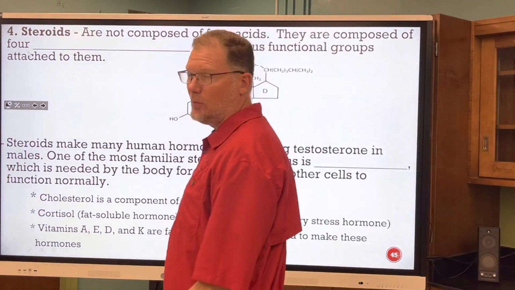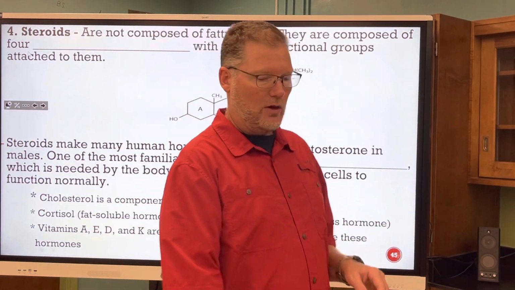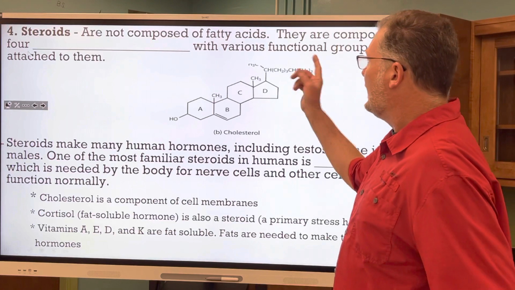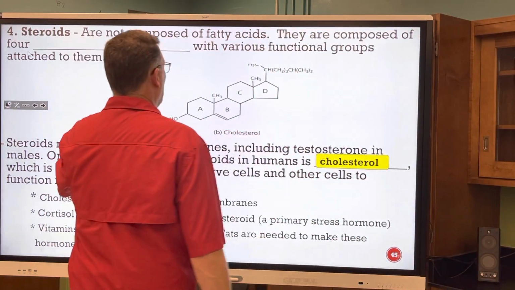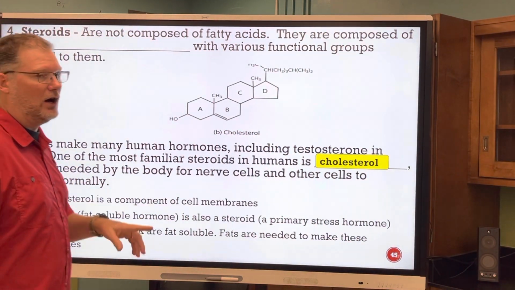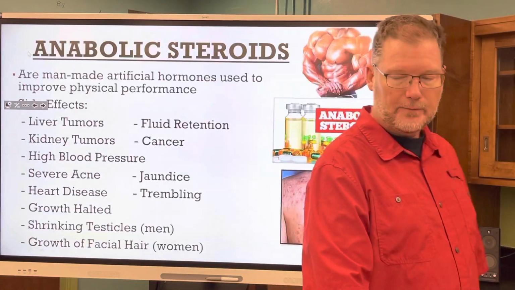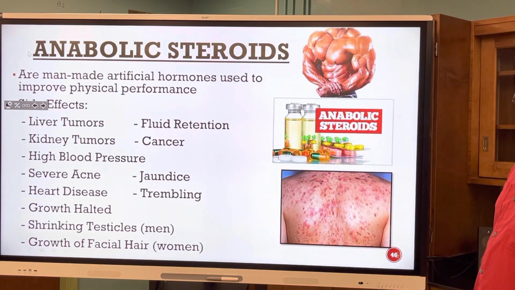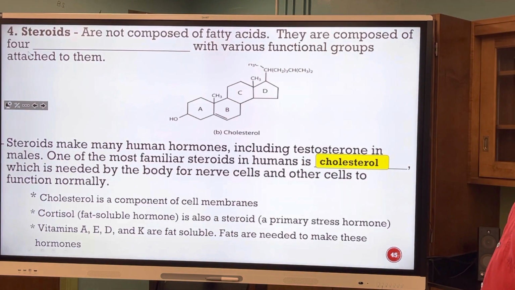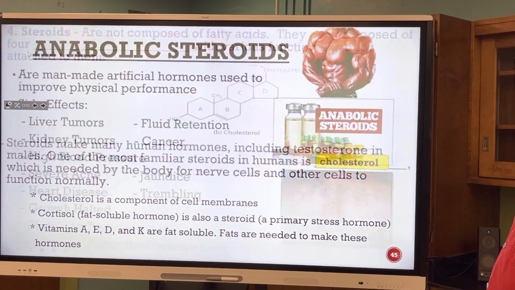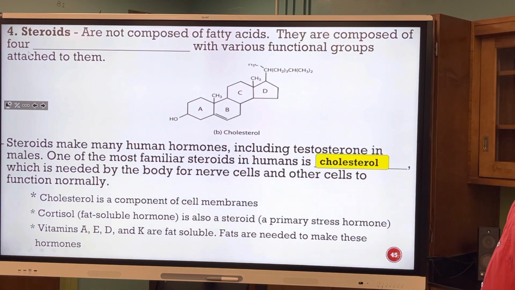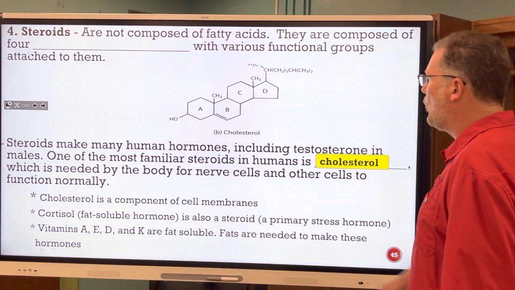Steroids. Number 4, this is the 4th one, okay? So steroids are not composed of fatty acids, but they are composed of 4 ring molecules with various functional groups attached to them.